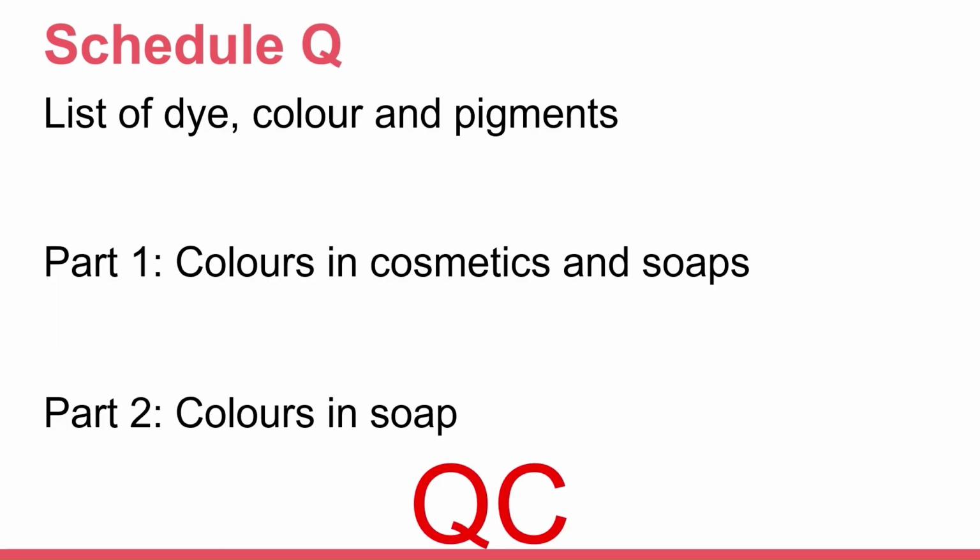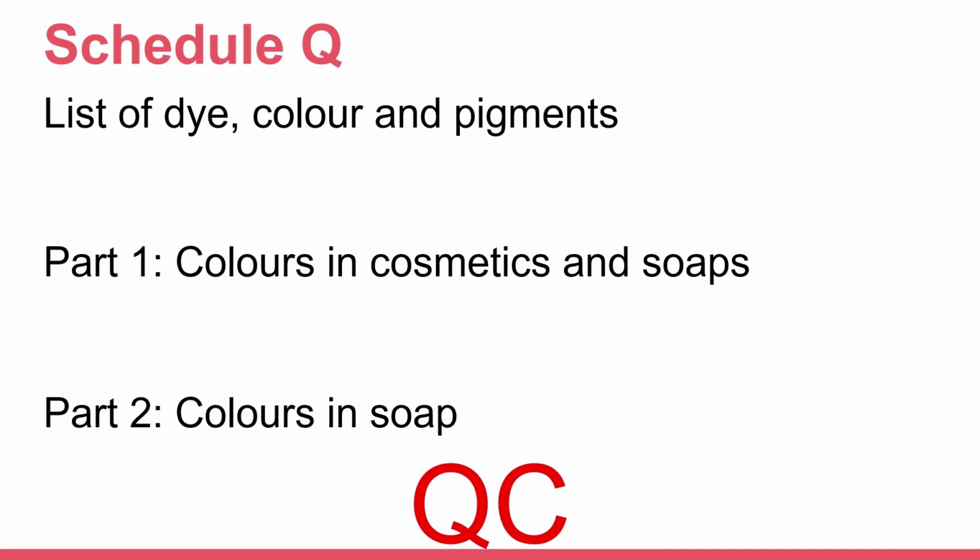Moving to Schedule Q. Q is a list of dye, color and pigments. Simply colors. Q has two parts. Part 1 is the list of colors in cosmetics and soaps. Part 2 is the list of colors in soaps. Part 1 is related to cosmetics and soaps, and Part 2 is related to soaps only.